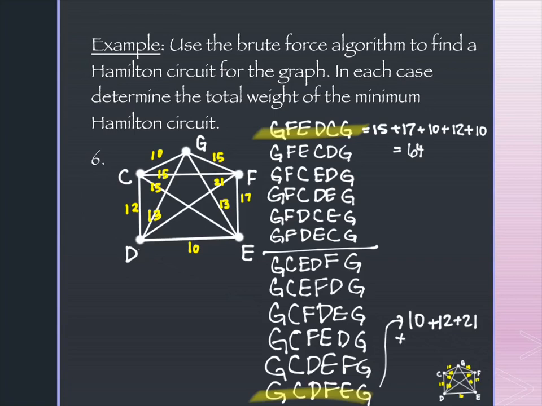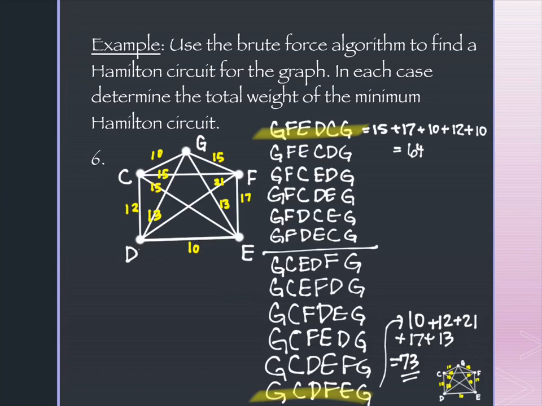And then FE, 17. And EG, 13. Okay, add those up. 73. So that's definitely a less desirable option because it's 9 more than the one before.